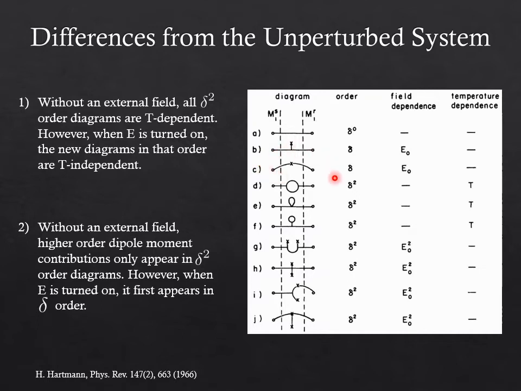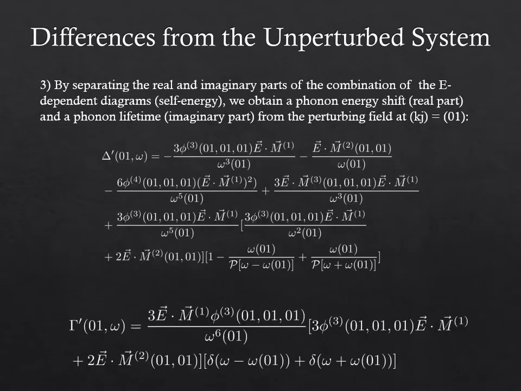Like this, for example. I've written it before because it has two phonon lines coming in, but it's only Δ¹ in the dependence. So the electric field makes the higher order dipole terms have more of an impact on the dielectric susceptibility, and of course on the following consequence of these diagrams: the self-energy effects.